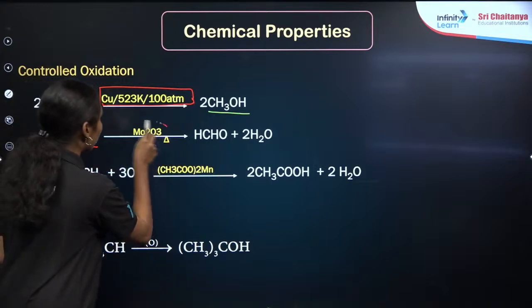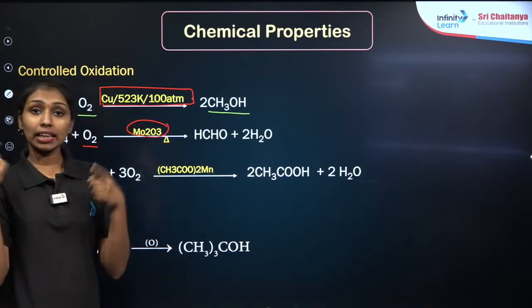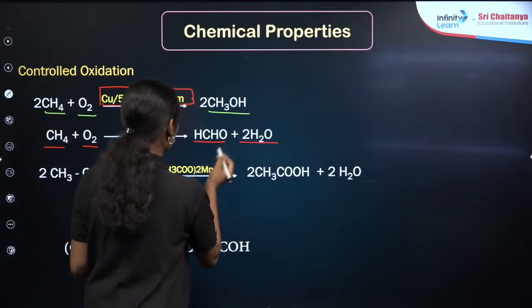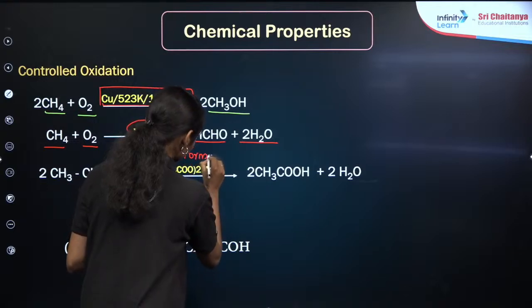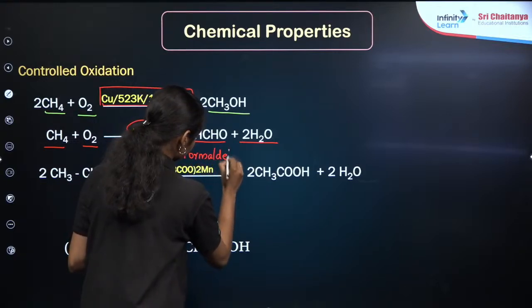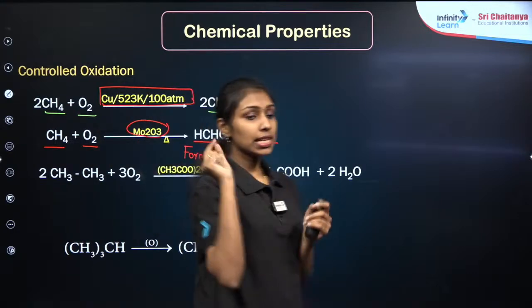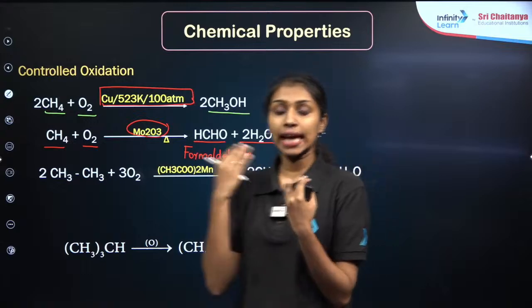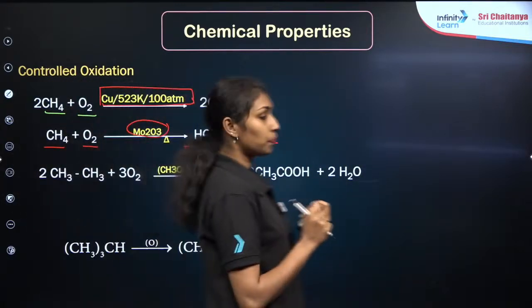I use molybdenum oxide, and by heating, I will get another, different product, formaldehyde. So these four reactions are very important. Depending upon the change in the catalyst we are using, we will get different products. Clear?